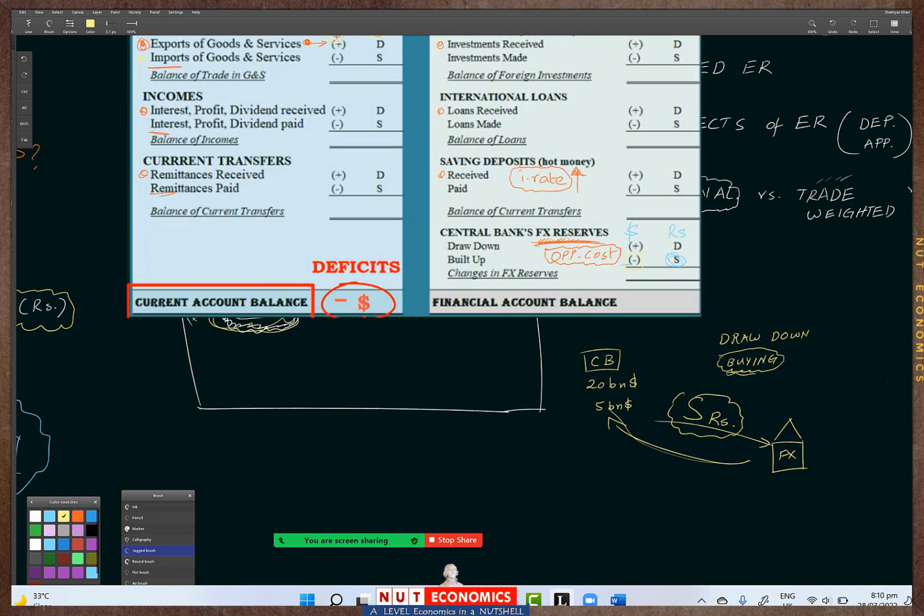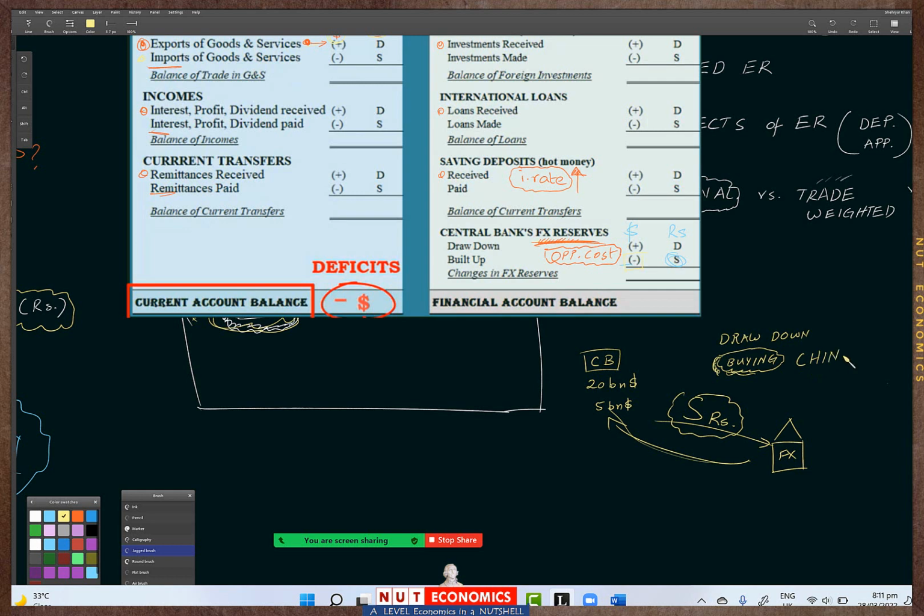Some dollars were lying in your FX markets, and the central bank picks them up and locks them in its cupboard. So there will be an artificial outflow of dollars from the system, and a supply of rupee will be created if the central bank starts buying FX reserves.